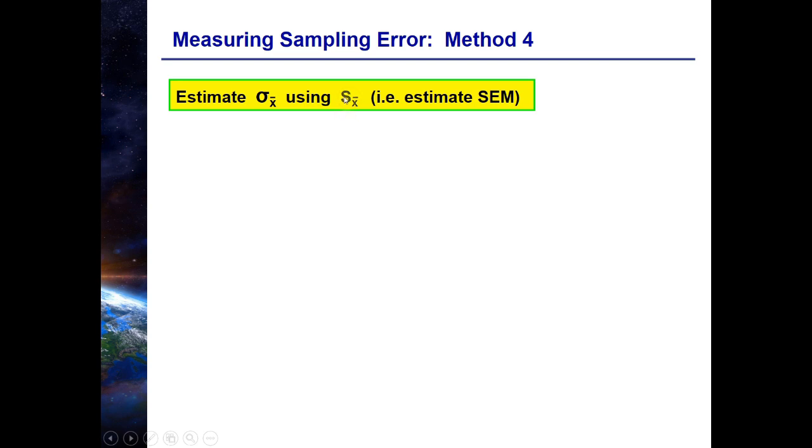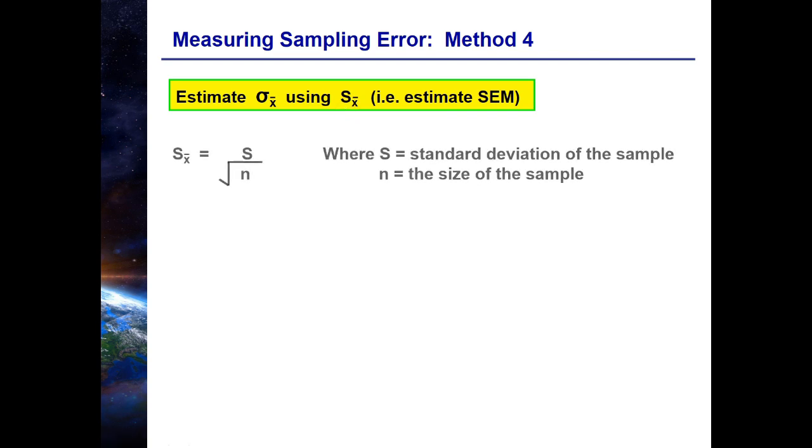So how are we going to calculate this? It's just a quick little change to the formula. So instead of sigma sub x bar, we're going to put S sub x bar. Remember, this was sigma? Well, now it's estimated using S. Instead of putting the standard deviation of the population here, we're going to put the standard deviation of the sample. And sample size does not change. So can you calculate this? Absolutely 100% of the time. You have your sample.